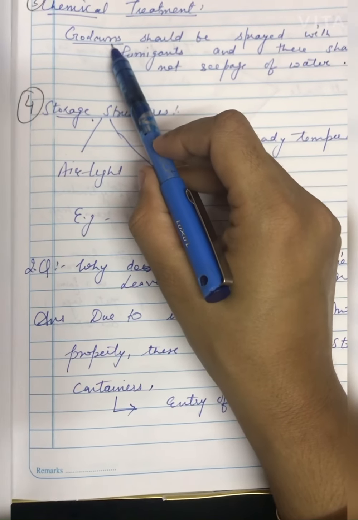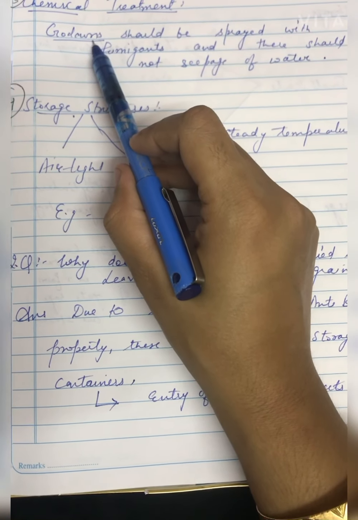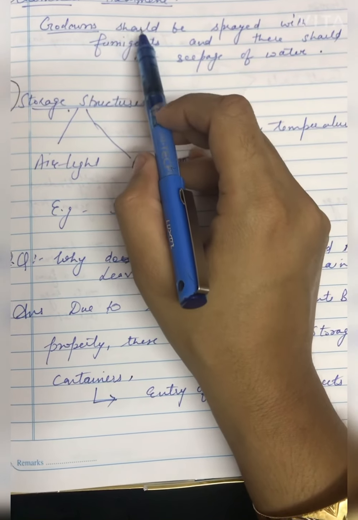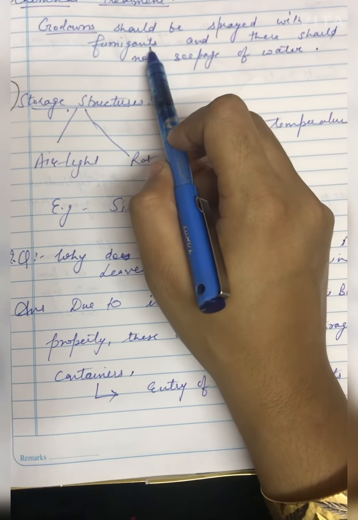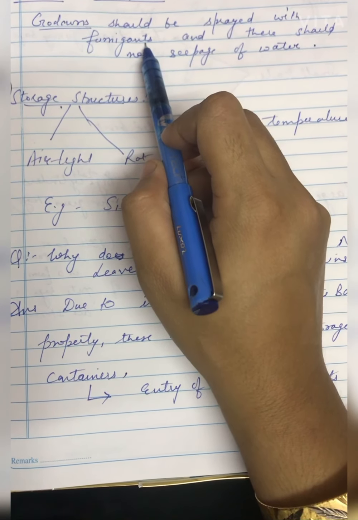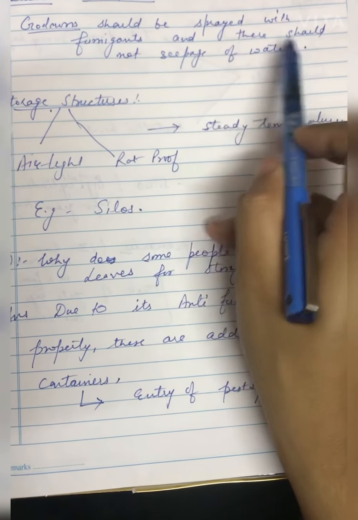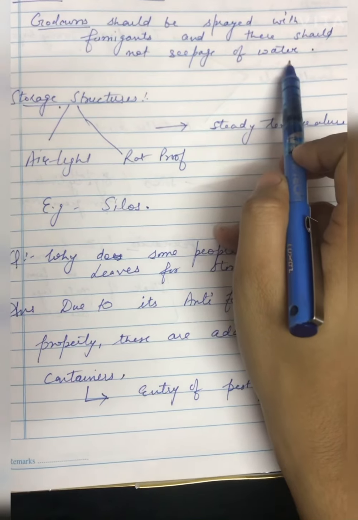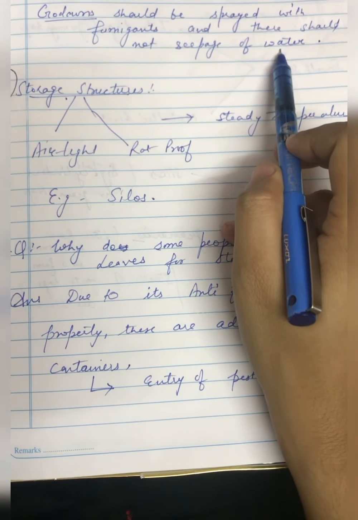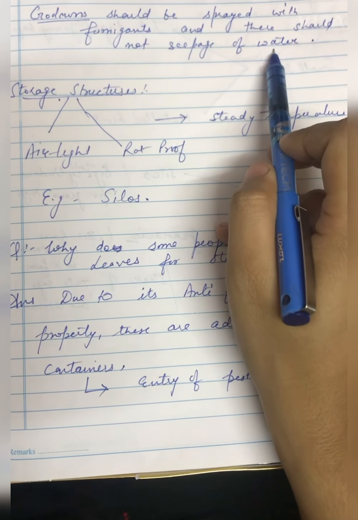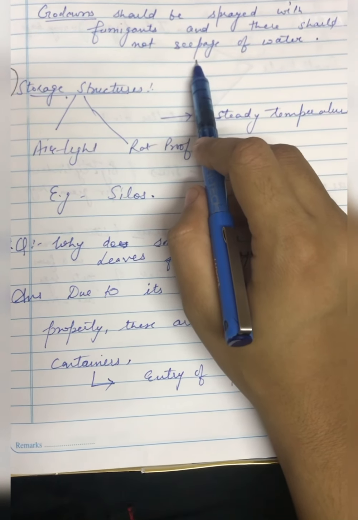The big godowns in which we store these grains in jute bags should be sprayed with fumigants. That is, they are going to prevent fungus. And there should not be seepage of water, because if there is any water, it leads to the growth of different microorganisms which are going to destroy our crop.